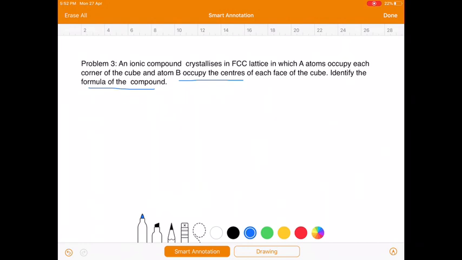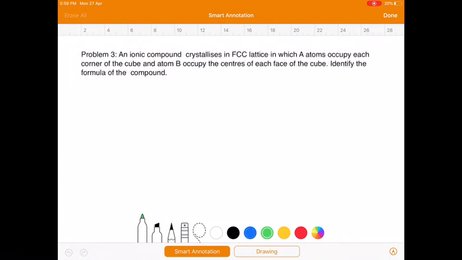So this is a different type of problem in which we have to find the formula of the compound from different information. That is, we are asked to find out the chemical formula based on the position of the particles occupying the unit cell. There are no voids mentioned here, only the position of the atoms A and B in the unit cell.